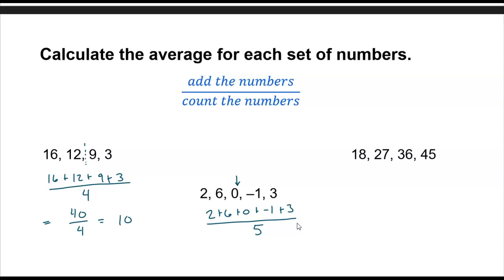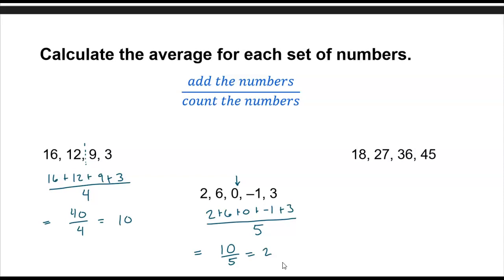Even though when we add 0, it doesn't change the sum, it's still a valid part of our set, so we do count it. So this is 1, 2, 3, 4, 5. We do not remove the 0. 2 plus 6 is 8, plus 0 is still 8, minus 1 is 7, plus 3 is 10. This will be 10 over 5, which equals 2.